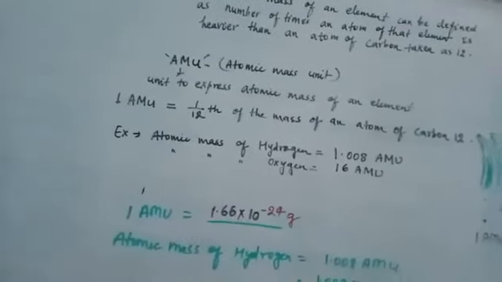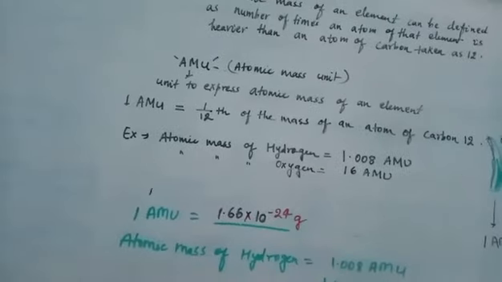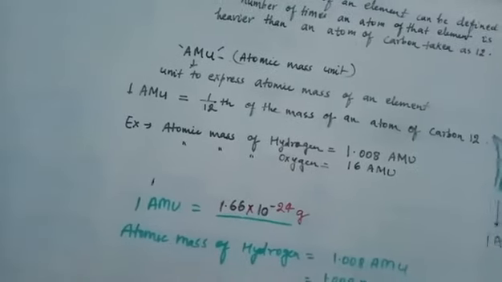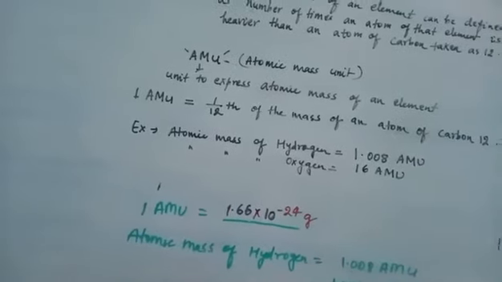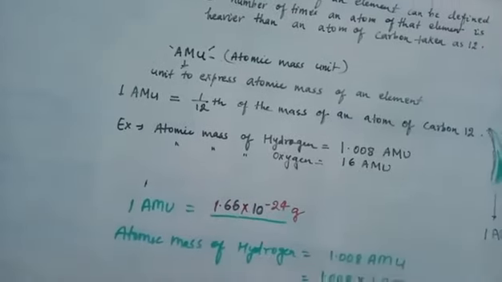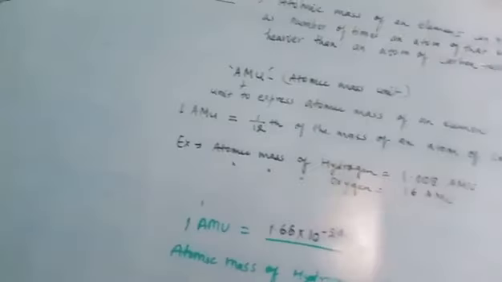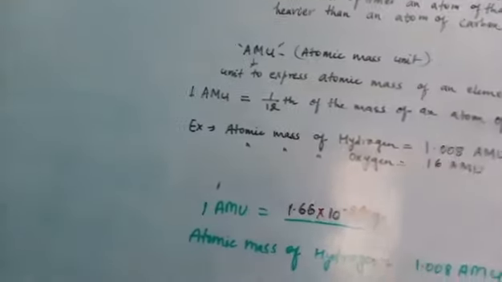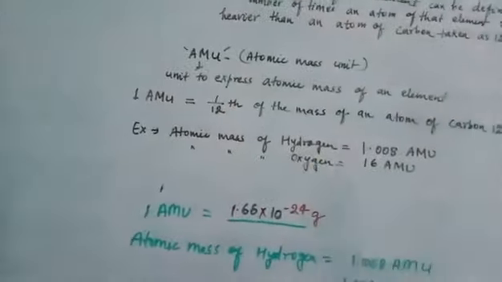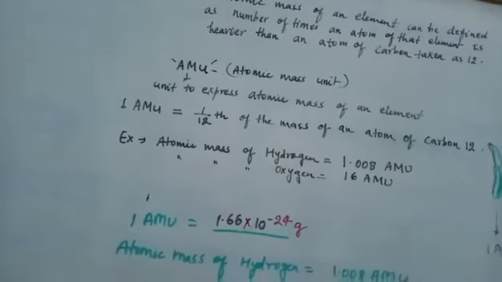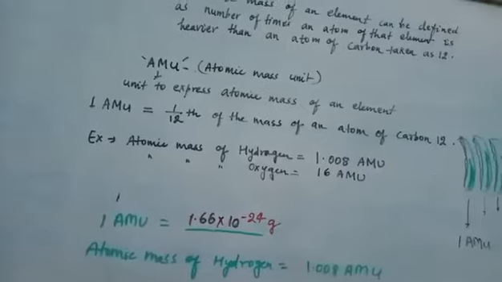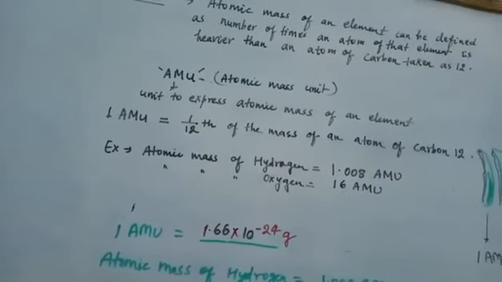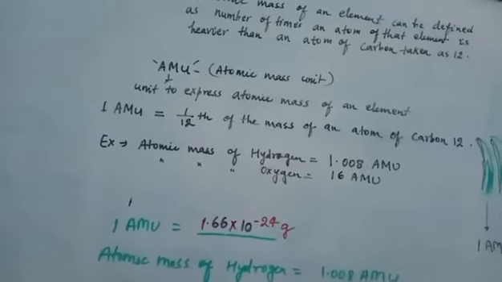Now we have calculated the relative atomic mass, that is 1, 12, 16 for oxygen and so on. But we don't have any unit to express it. How to express the atomic mass of any element? We cannot express it in gram or kilogram because they are very big units, and the mass of one atom is very, very small.